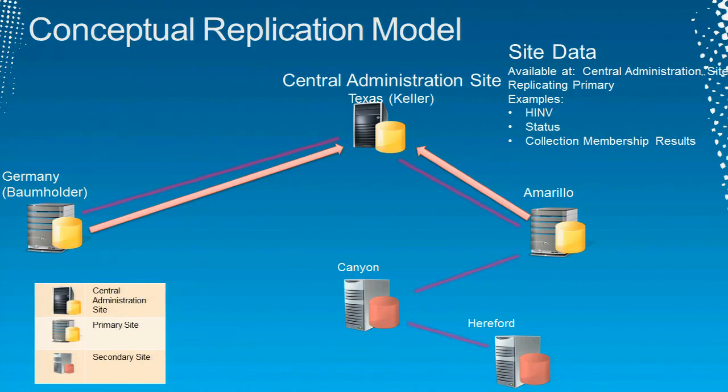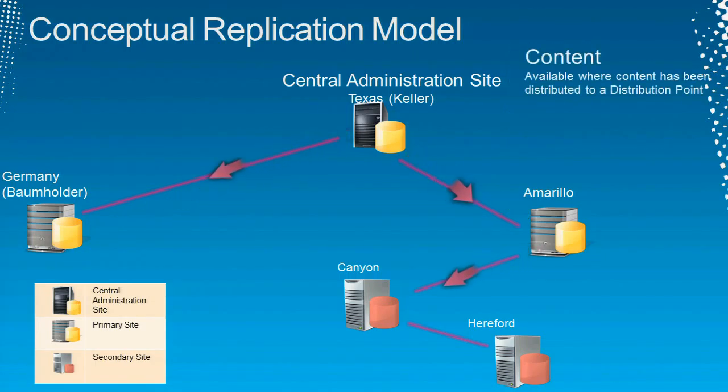Amarillo never sees the compliance status for the clients that are over in Germany. But you will see the packages or the configuration baselines over each site. You just won't see what the compliance data is from the other guy, because that's site data that will go up to the central administration site. So you do all that consolidated reporting there, or it's your own local site for your own clients.